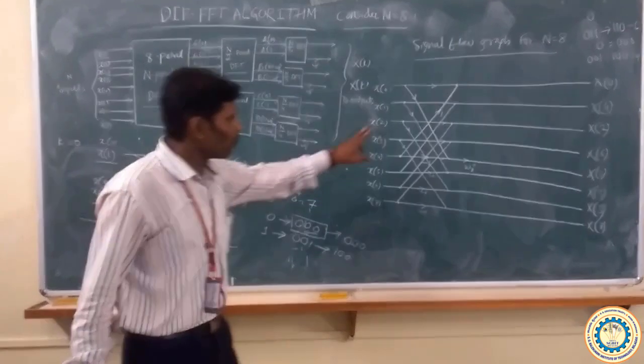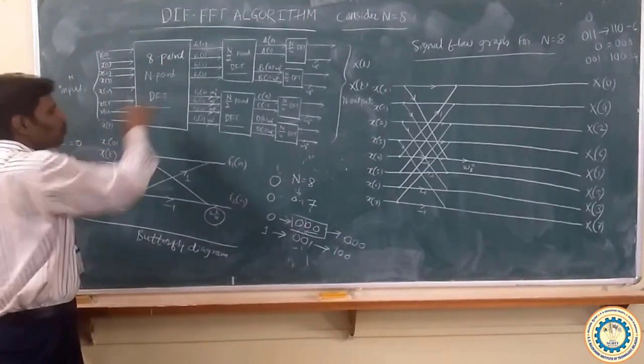So this is the complete butterfly diagram for the first block, that is the N-point DFT.